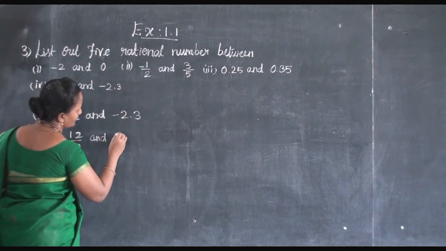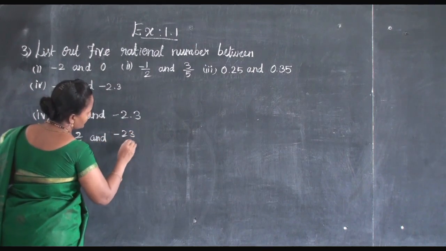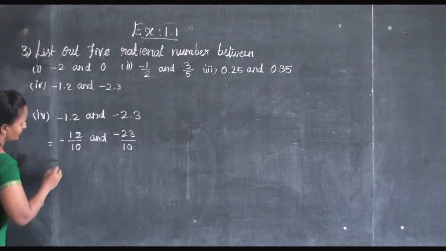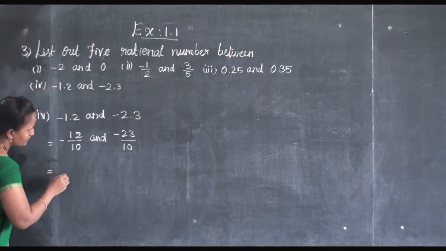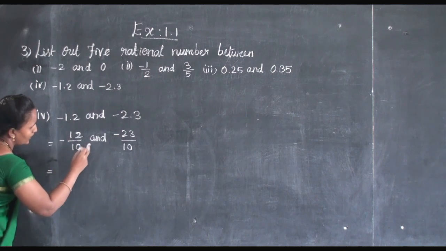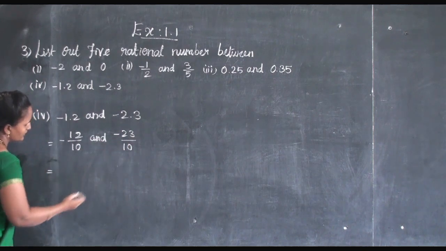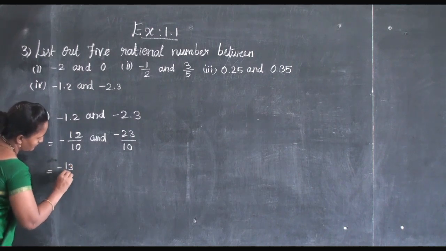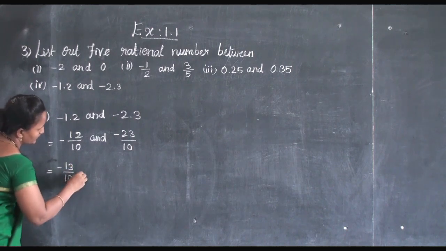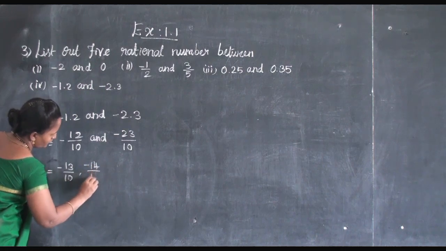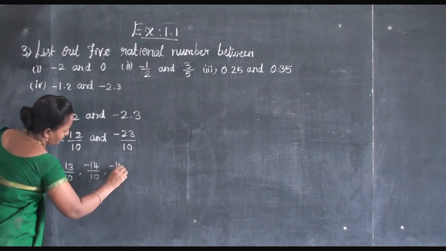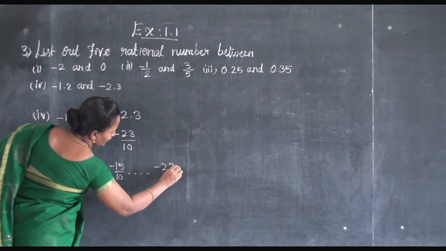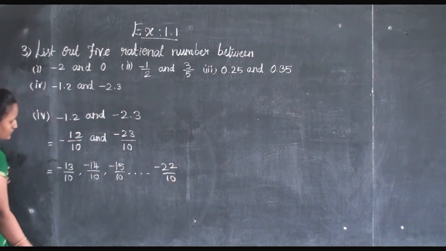Minus 12 by 10 and minus 23 by 10. In between the numbers minus 12 by 10 and minus 23 by 10: minus 13 by 10, minus 14 by 10, minus 15 by 10, up to minus 22 by 10.